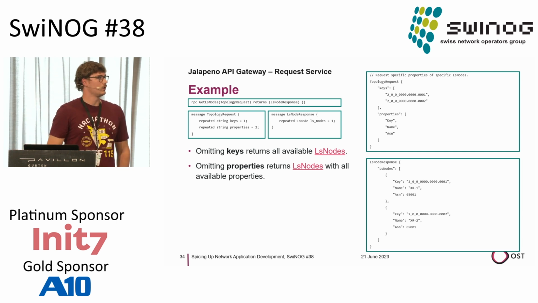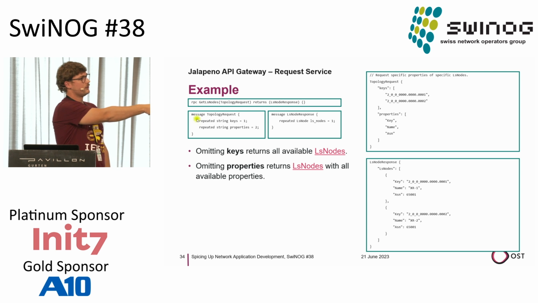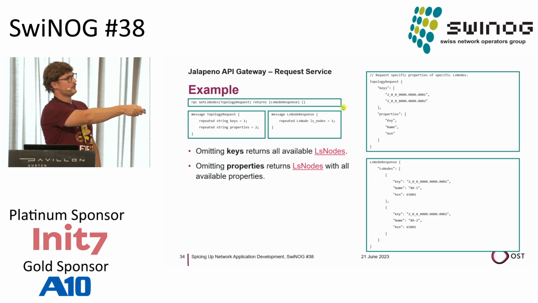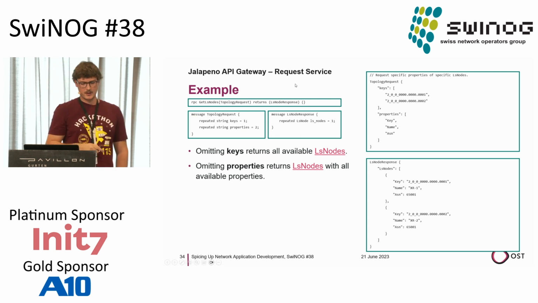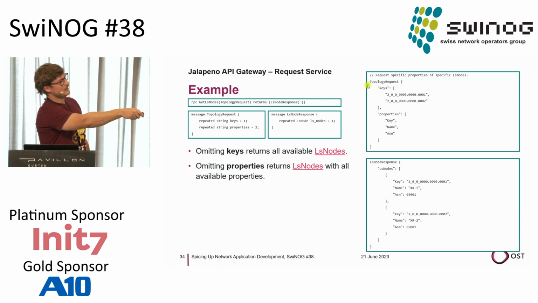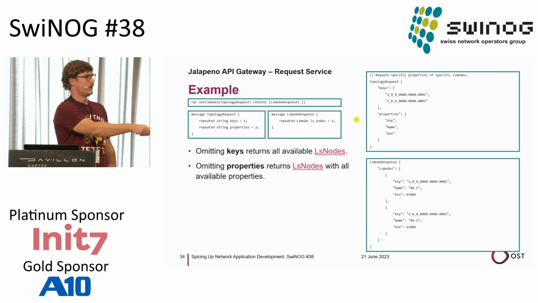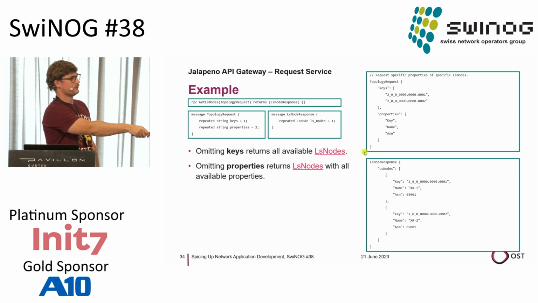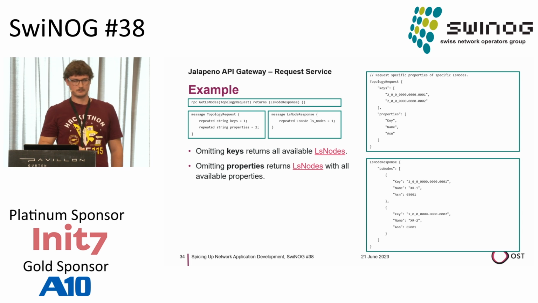And the same goes for the properties. The response is quite easy. It's just a list of LSNodes. So if you take a look at the example here, we send a topology request with two different keys, and we are interested in the name and the ASN of these nodes, and the LSNode response is a list of different LSNodes, which contain the defined properties. So quite easy.